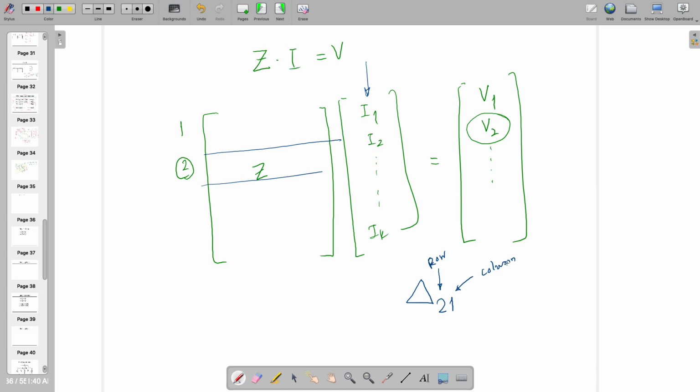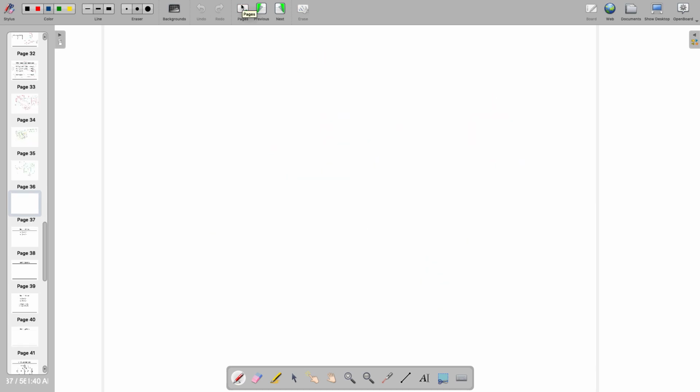Although in the book it's given delta 1 2, by considering the fact that all the RLC circuits are reciprocal by nature. We understand this, right? Means Z12 is equal to Z21, and vice versa, right?